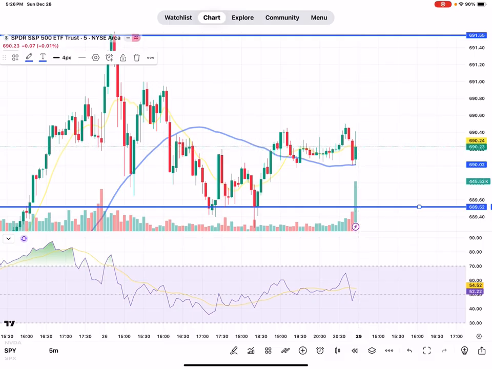Okay, so I hope this kind of makes sense. We're going to keep practicing. When you look at the chart, look at the candles first, then draw your levels and let price tell the story.